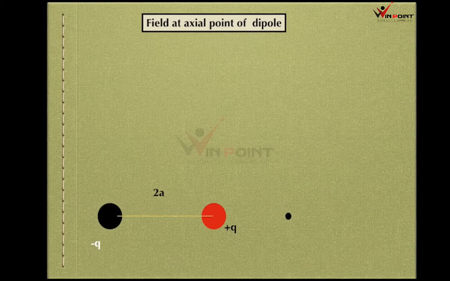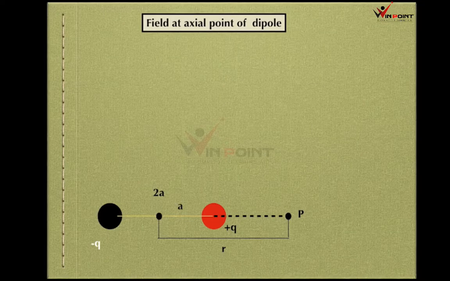There is a point P, which is at a distance of r from the center of the dipole. That is very important: it is r from the center of the dipole. And since it is from the center, the two segments will be a and a, because it is exactly half of that distance.